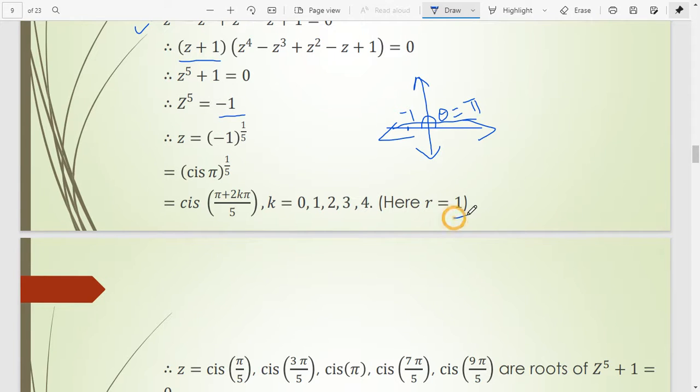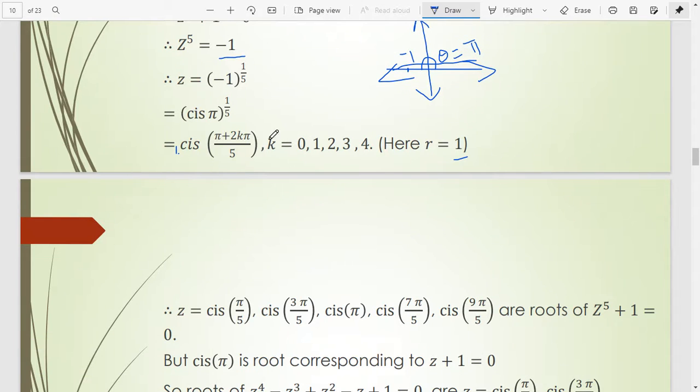Here r is equal to 1. Now put k equal to 0, we get cis pi by 5. For k equal to 1, cis 3 pi by 5. For 2, cis 5 pi by 5 is equal to cis pi. For 3, we get cis 7 pi by 5, and for the last, k equal to 4, we get cis 9 pi by 5.